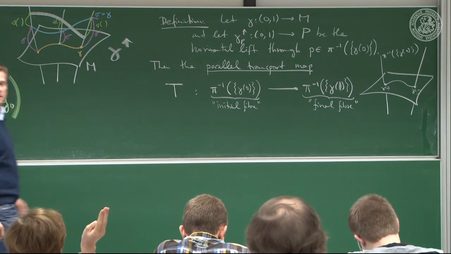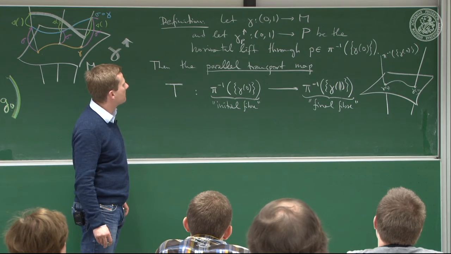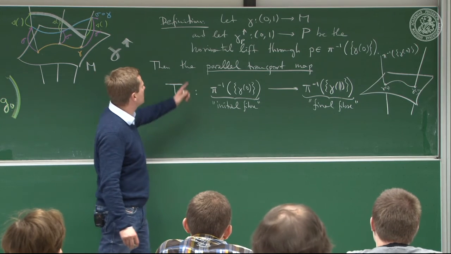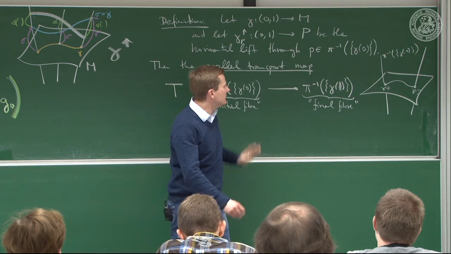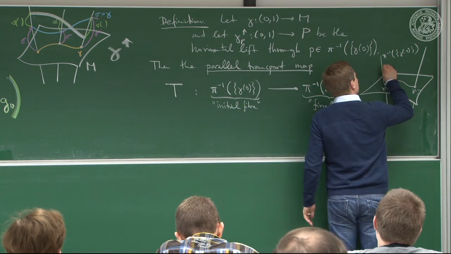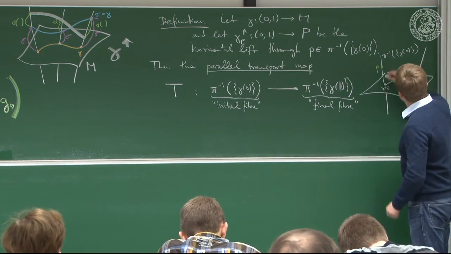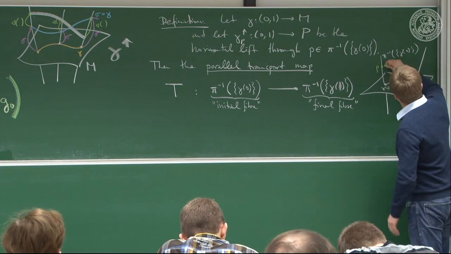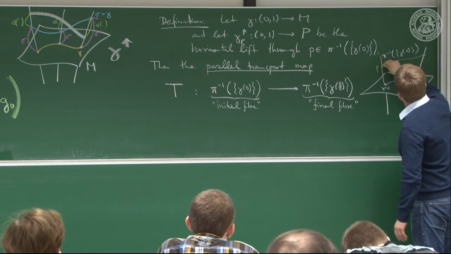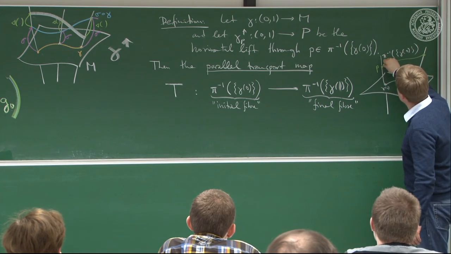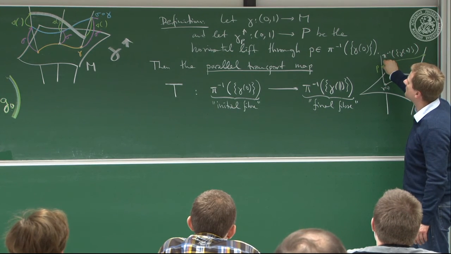Then this parallel transport map, what does it do? Well, pardon me? If you're using the endpoint, shouldn't it be the closed interval? No. It's the lift through this point, and by the lift through the point, we always meant that you pick the point here, and then it's the unique horizontal lift that goes at the initial point through this P. No, I meant for the curve gamma.